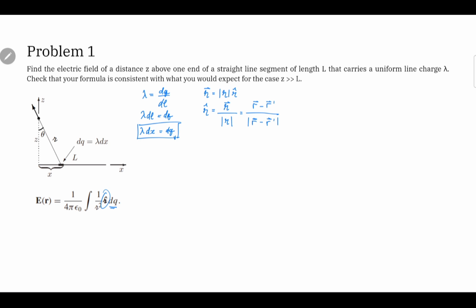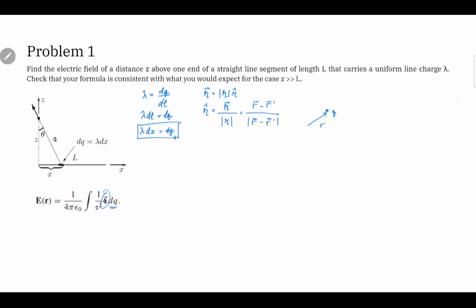So just a quick review. r prime is going to be the distance from your source point. Let's say this is your source point Q. So this is the source of your charges. So r prime is the distance from some origin. In this case, we're kind of flipping the script towards spherical coordinate systems.